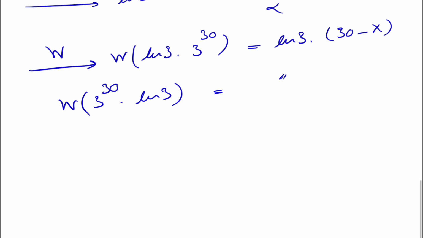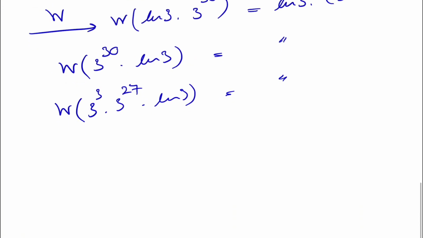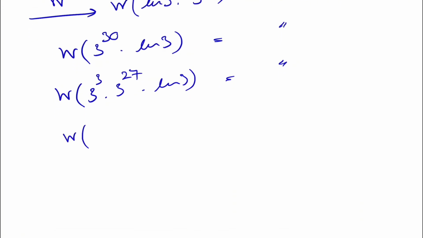and on the right side we basically have what we have in here. And what we're going to do in here for the Lambert function of 3 to the 30, we're going to do 3 to the 3 times 3 to the 27 times ln of 3, and we're going to keep the other side derivatives. And here we see we basically have 27 times 3 to the 27, and we're going to keep the ln of 3 derivatives.